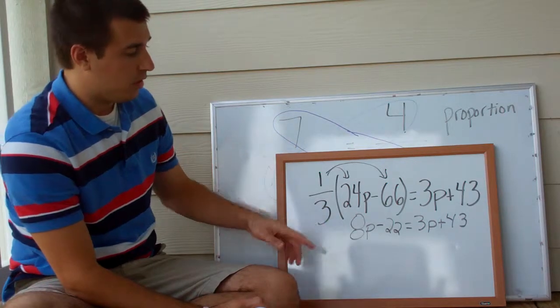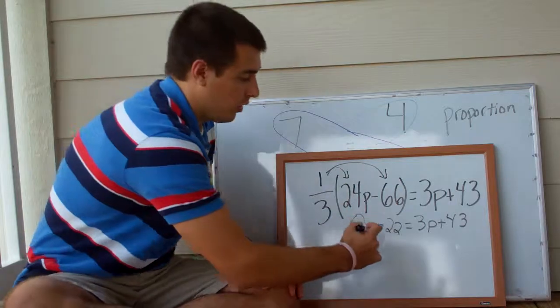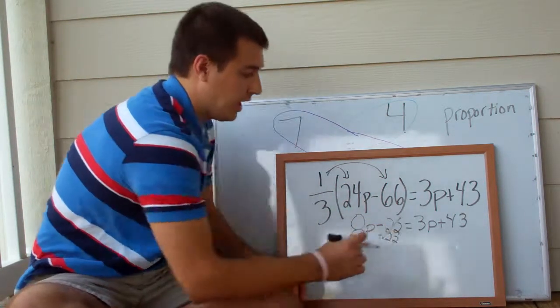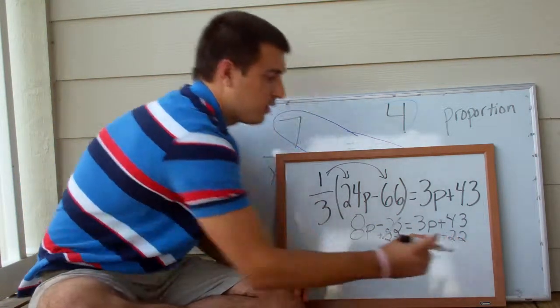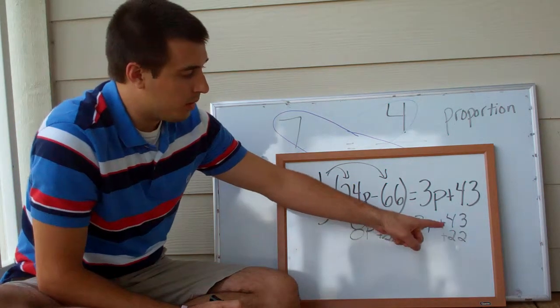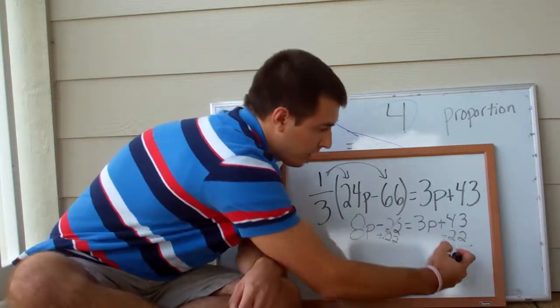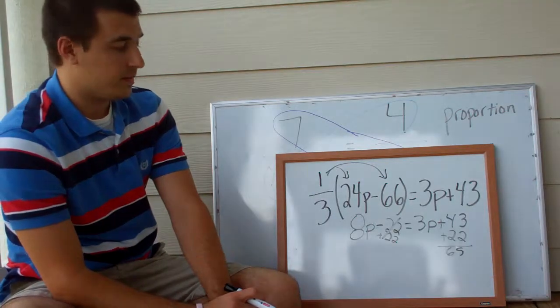Now we want to get all the variables on one side and all the numbers on the other. First off, let's plus 22, which will cancel that, right? So we have to do the same over here. So we have 8p equals 3p plus 43 plus 22. We can do some quick math here and figure out that means 65.